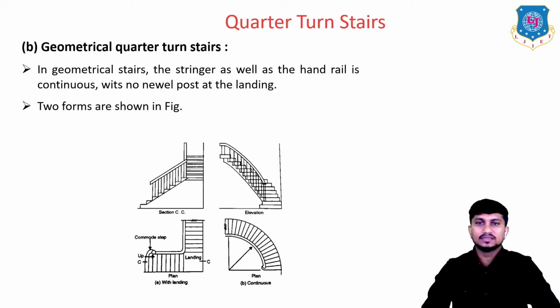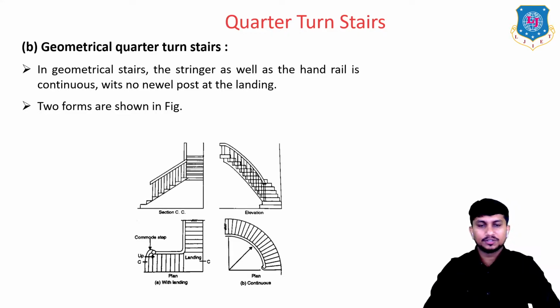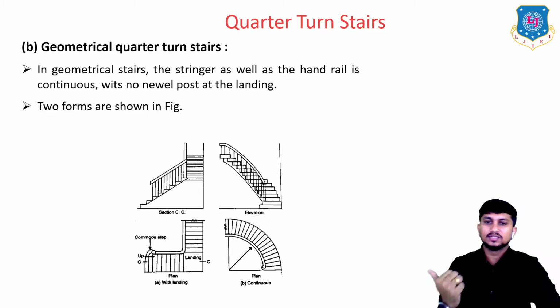In geometrical stairs, the stringers as well as handrail are continuous with no newel post at the landing. There are two forms of this geometrical quarter turn stair: with landing or without landing, or continuous you can say. So these are the two forms of this quarter turn stairs.